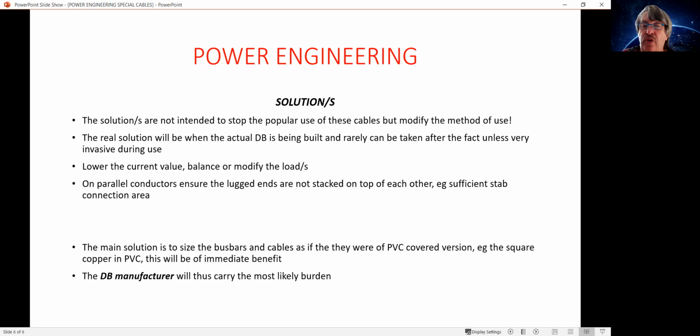It's not to say we don't use them, but what we would do here is have a look at the square millimeters. So in PVC, if the criteria was 50 mil cable, and we could use silicone cable for the same current at 25, we know that's going to get much hotter. All we would have to do is make sure we use an equivalent copper square millimeter size that you would use with PVC cable, and we would have no problem.